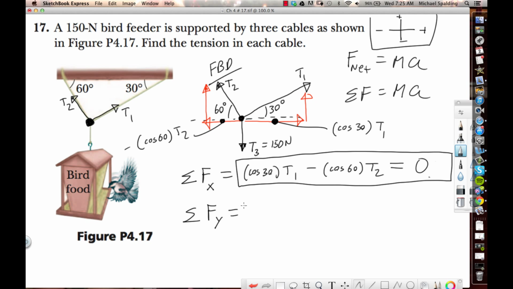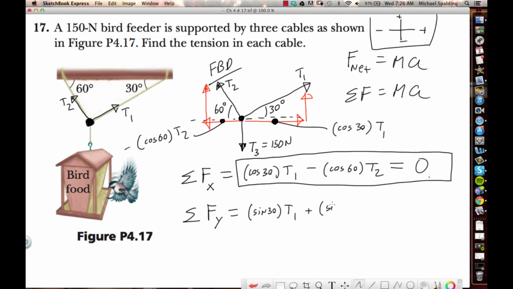All right, let's go to the y direction. Looking at the free body diagram, we have 3 y forces. Let's start with this guy. What's this guy going to be right here? That guy is going to be sine 30 T1. Now let's go to this guy. What's this guy going to be?